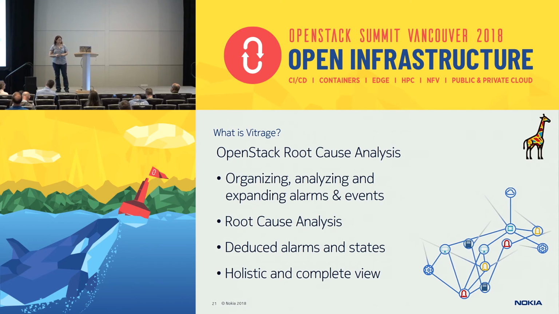For that, one must use an RCA, some RCA like Vitrage, a root cause analysis method. Vitrage is a root cause analysis library that started in-house at Nokia, but is now part of the OpenStack community.